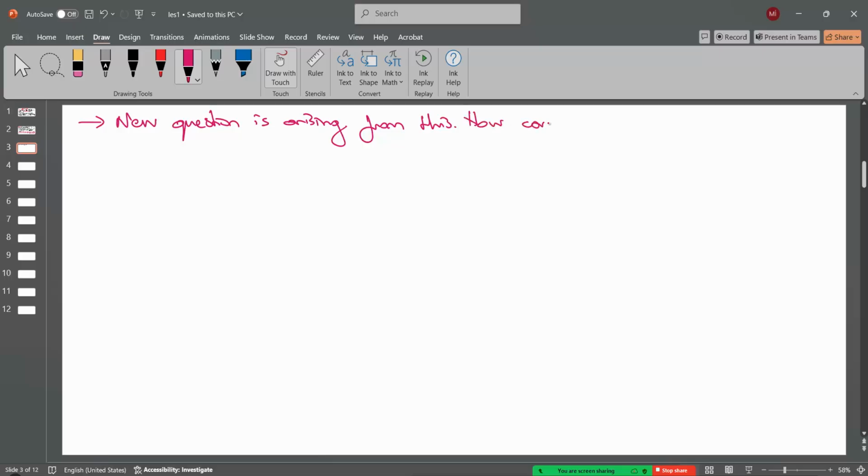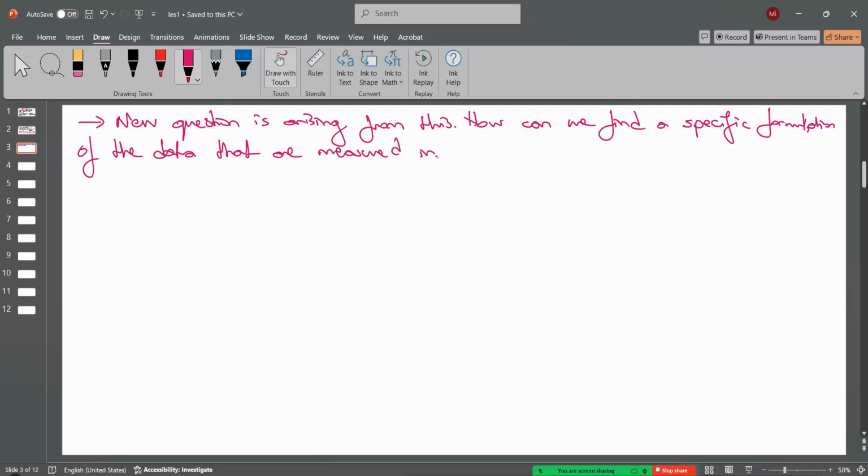How can we find a specific formulation of the data that are measured in real application?